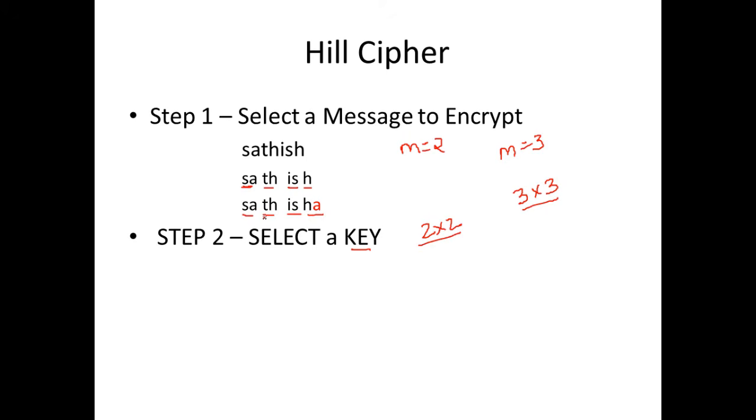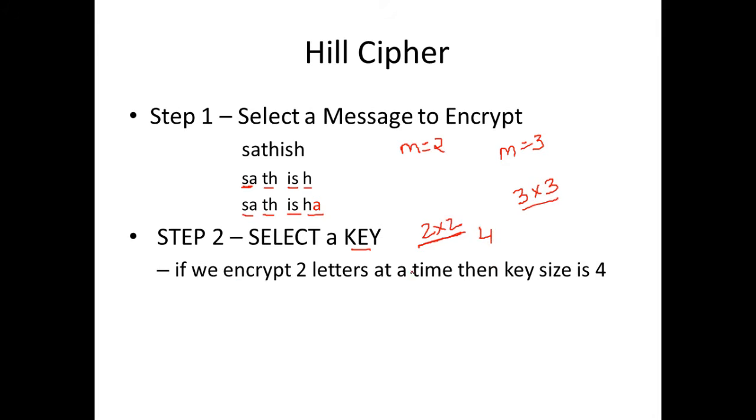So the size of a key depends on the number of characters you're going to take at a time to encrypt. Here, since we are going to take two characters at a time, our size of the key should be 2 cross 2, that is 4 characters. That's what is given here. If we encrypt two letters at a time, then the key size is 4, because 4 can form a 2 cross 2 square matrix.